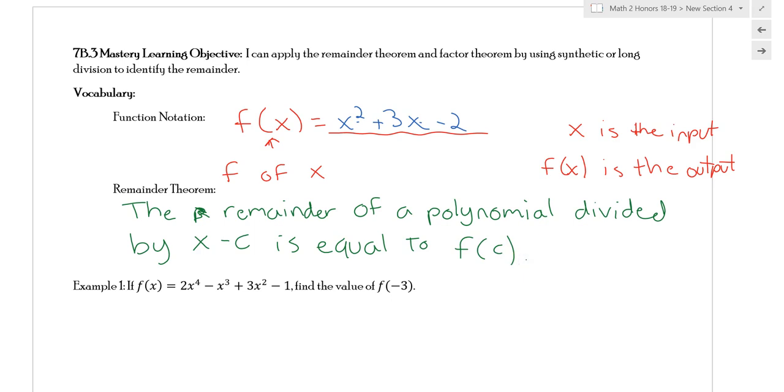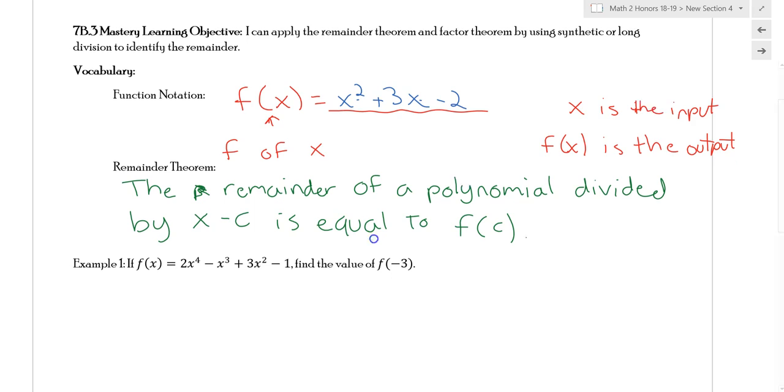So you make c your input, and you can figure out what that output is by just doing division. That's what our remainder theorem says.